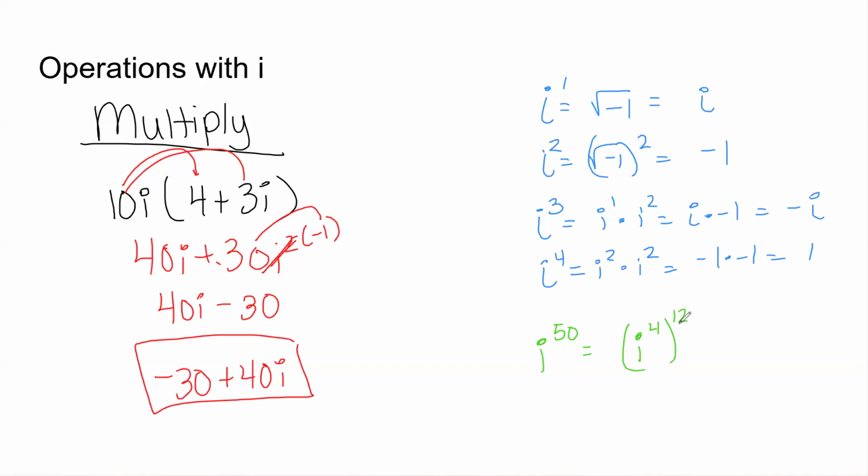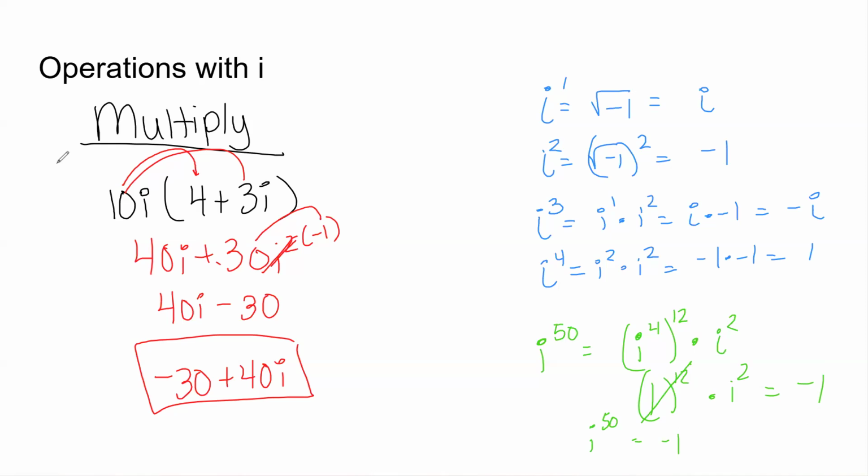Because that's 48. And then 2 more to make 50. So this will be 1 to the 12th times i squared, but this is just 1. So this is just i squared, which is negative 1. So i to the 50th is negative 1. So I basically divided it by 4 and found the remainder.